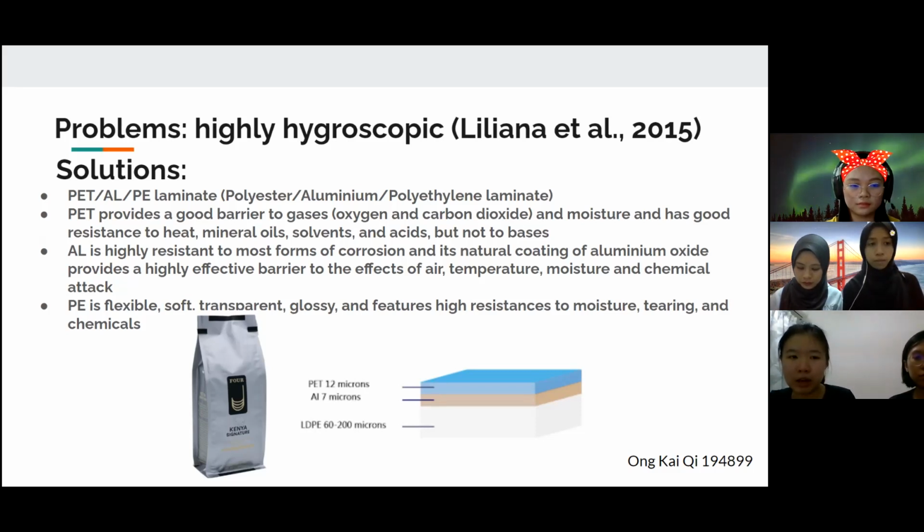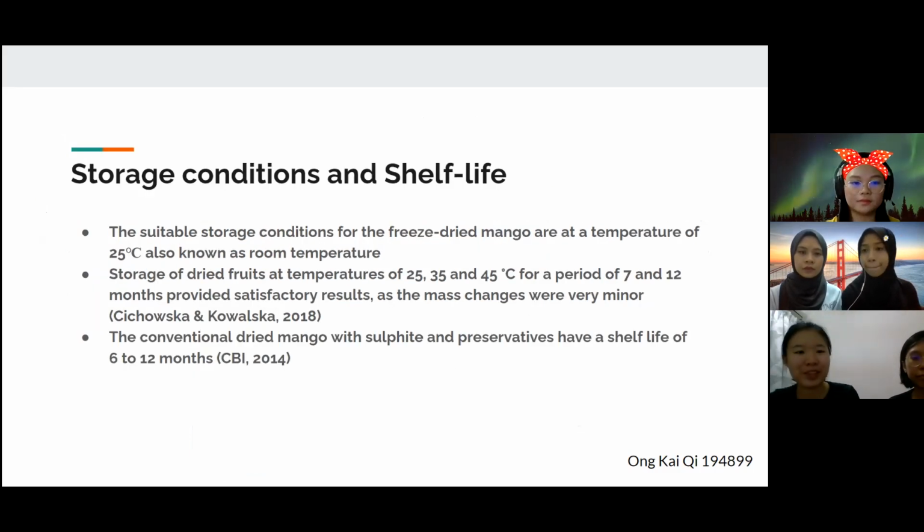Without this layer, the moisture in the atmosphere would most probably be readily available and cause the freeze-dried mango to rehydrate. The next layer is PE, which is flexible, soft, transparent, glossy, and has high resistance to moisture, tearing, and chemicals.